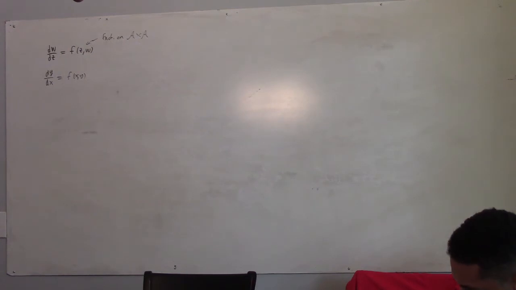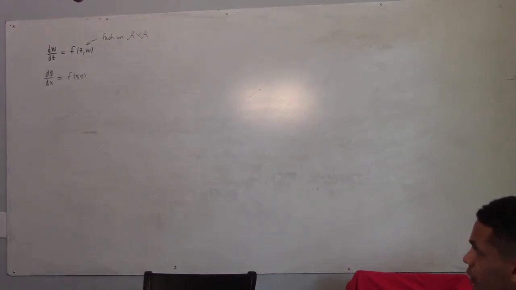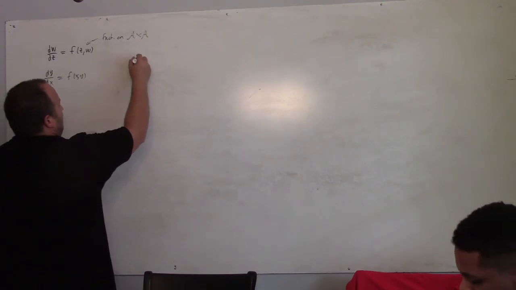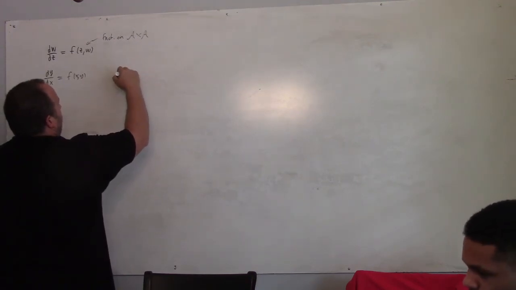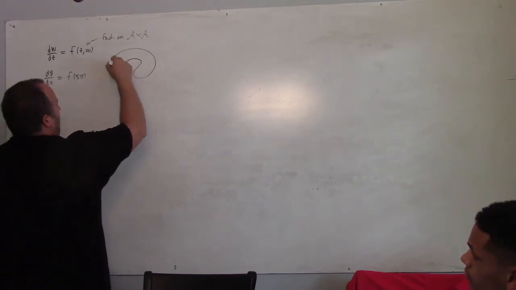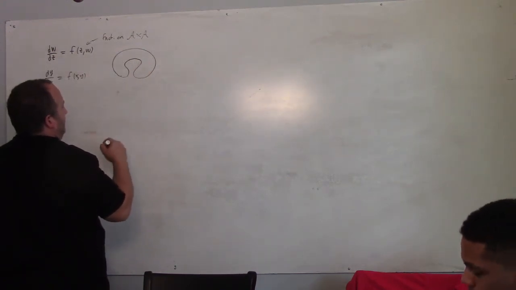Do you know star-shaped? No, but the way you explained it made sense. If you have any set, here's something that's not star-shaped. You can't draw a line from it.